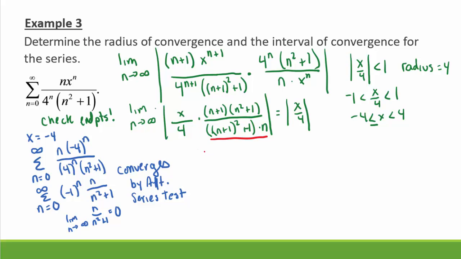Now checking the other endpoint, checking x equals 4. I plug 4 into my series. The 4 to the n's cancel, and I end up with this.